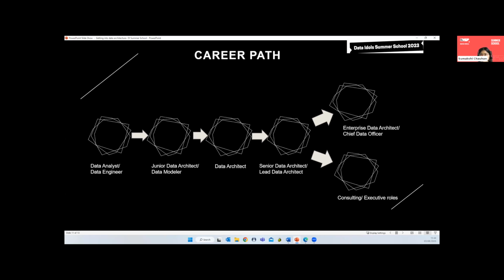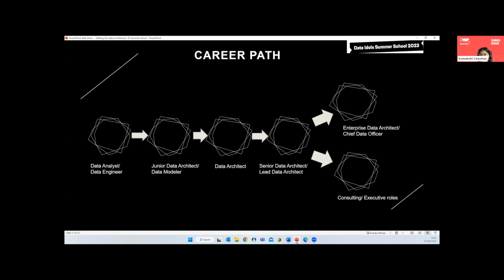Once someone has done that, they are good to go as a data modeler or junior data architect, where they are responsible for designing and modeling the data, choosing the data stores, and defining the structure of the data.